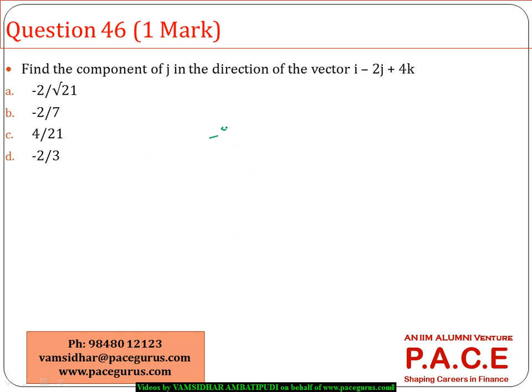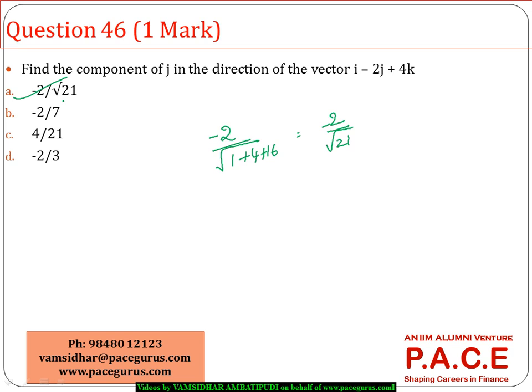So it works out to minus 2 divided by square root of 1 plus 4 plus 16, working out to minus 2 by square root of 21. That is what will give me the component of J in the direction of this vector.